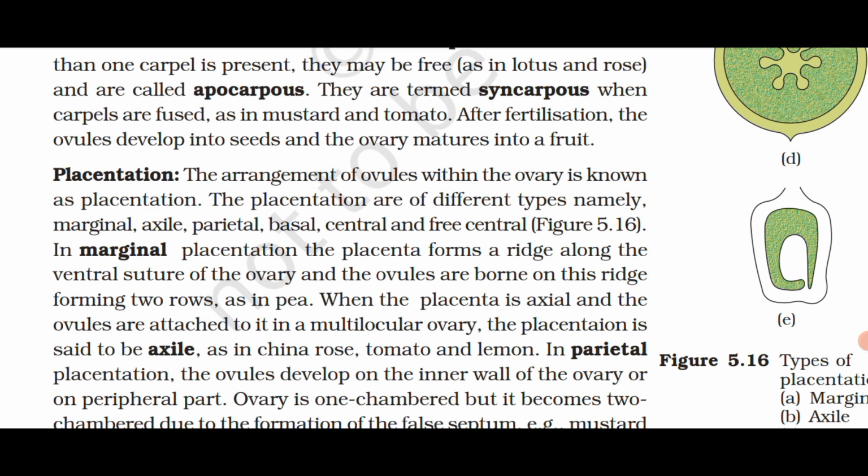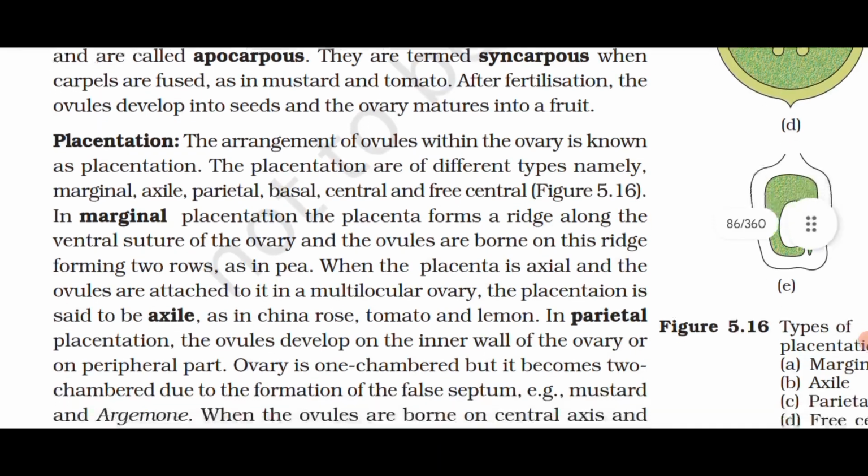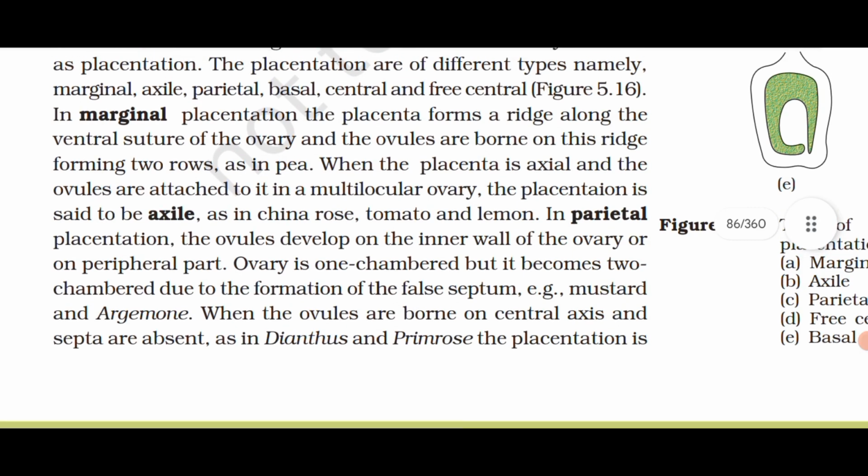In parietal placentation, the ovules develop on the inner wall of the ovary or on the peripheral part. Ovary is one-chambered, but it becomes two-chambered due to the formation of the false septum, as in mustard and argemone.